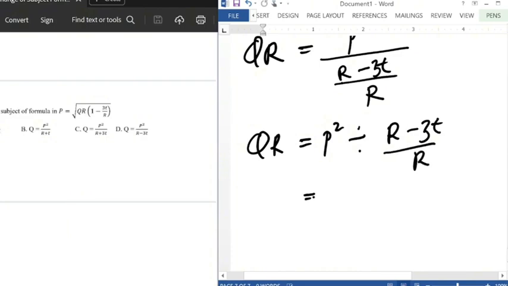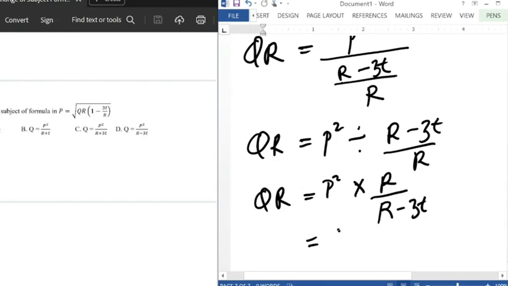So we have p squared times r divided by r minus 3t. So this is qr. Don't forget this q that we're still looking for. We just want to finish this one.